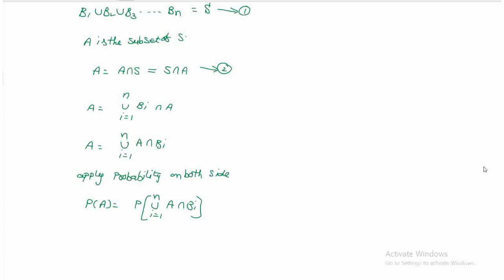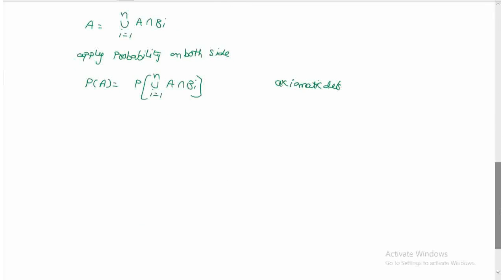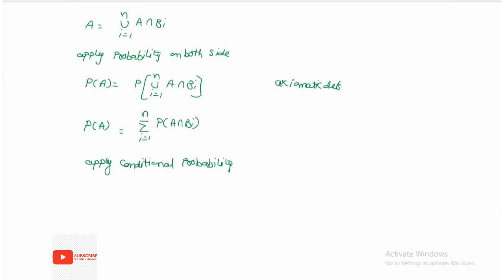and as per the axiomatic definitions of probability, this union becomes the sum of i equal to 1 to n of the probability of A intersection Bi, which is nothing but P of A. On applying the conditional probability, we know probability of A given Bi equal to probability of A intersection Bi by probability of Bi.